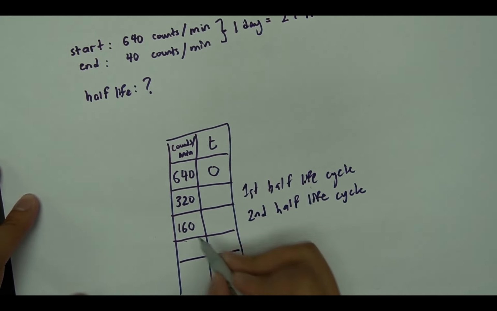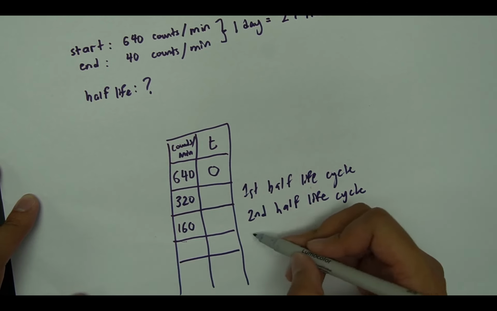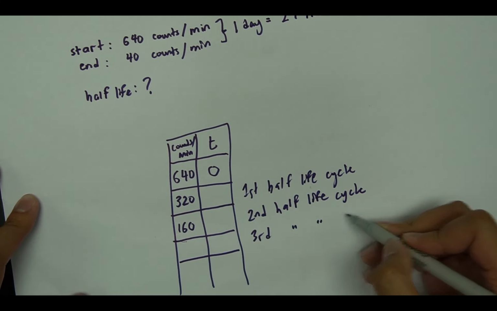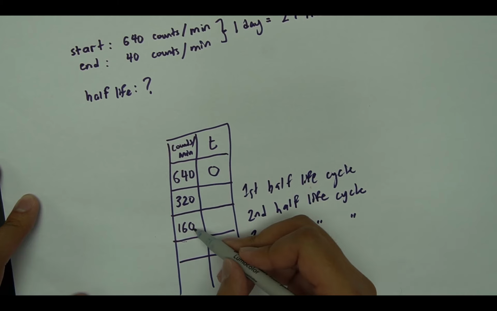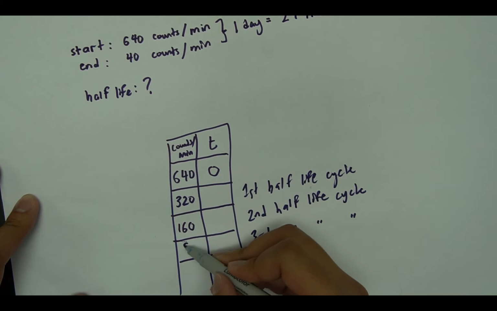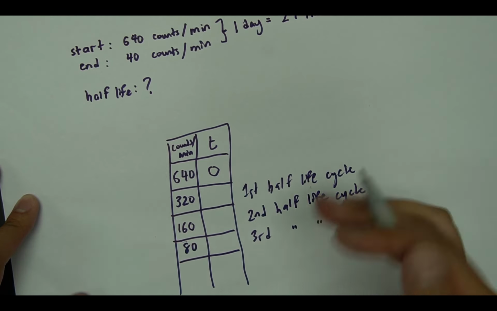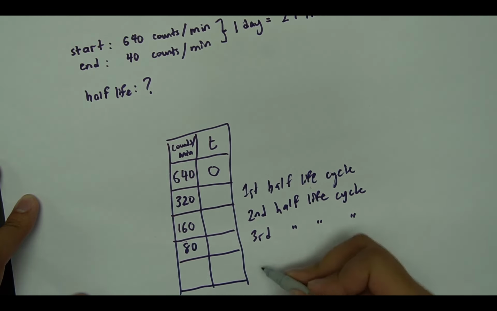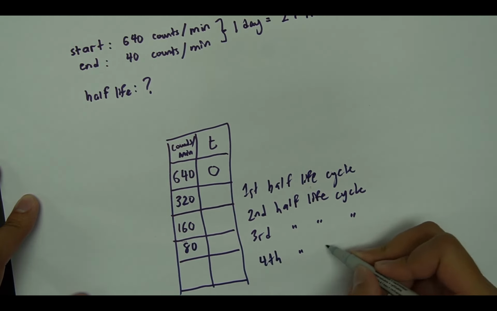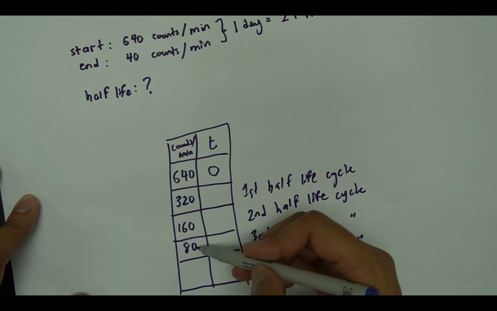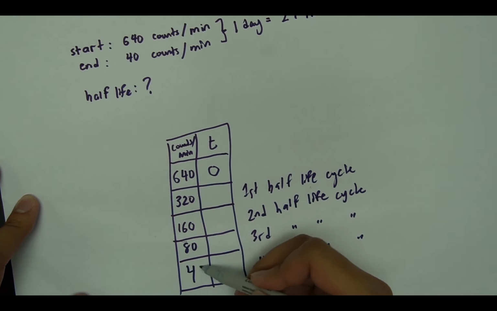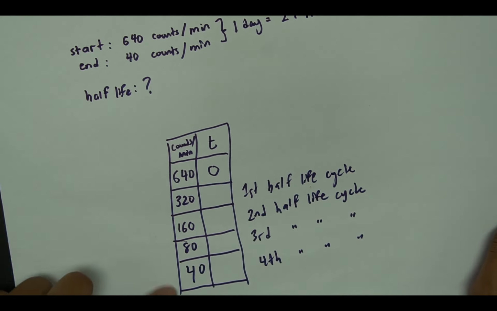So half of 160, so another half-life, the third half-life this time. Half of 160, that is 80. And then we have to go again. So the fourth half-life cycle. So 80 becomes half again, then it becomes 40. Okay, and that is our goal.